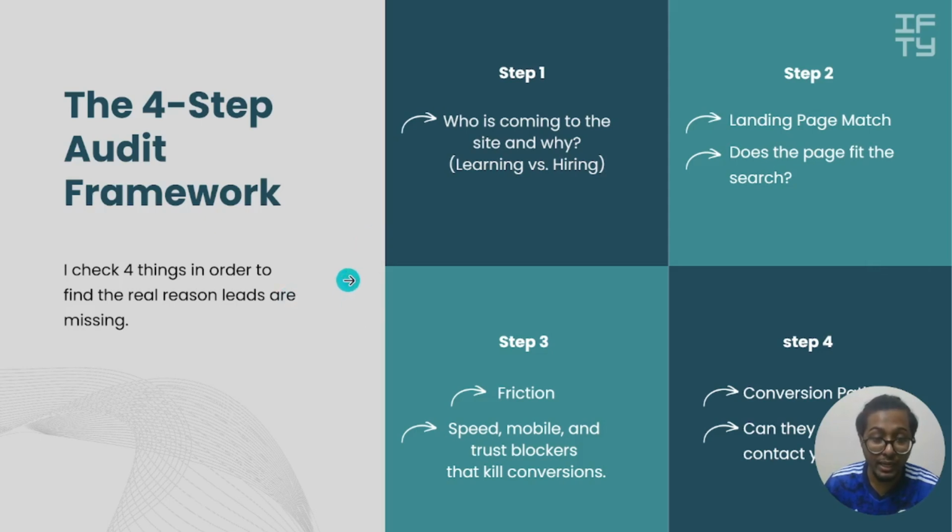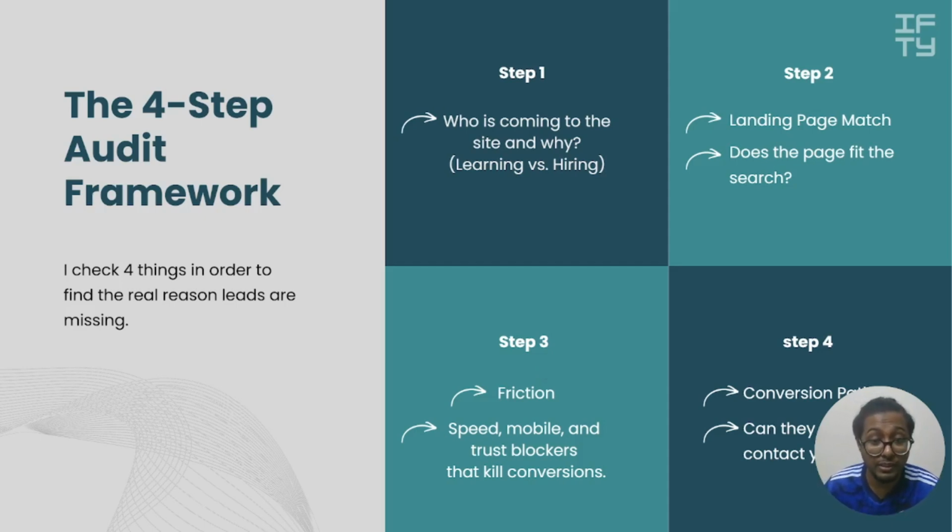Here's why the 4-step audit framework is very important. I check 4 things, always in this order. First is intent. Who is coming to the site and why? Next is landing page match. Does the page actually match what the visitor searched for? Then, are mobile speed or trust issues killing conversions?